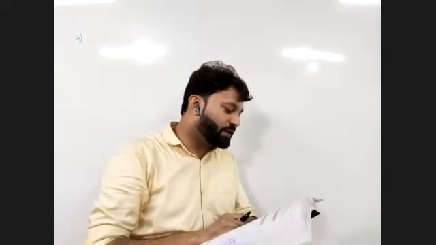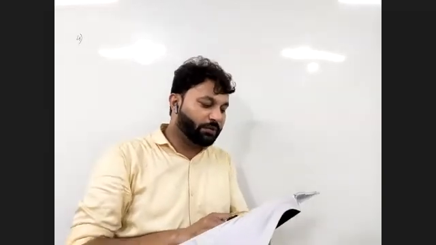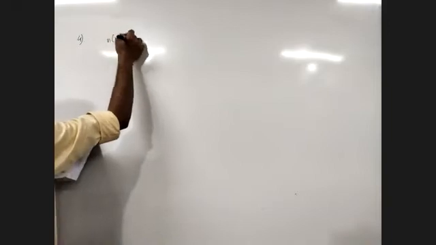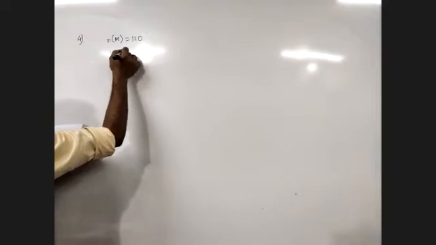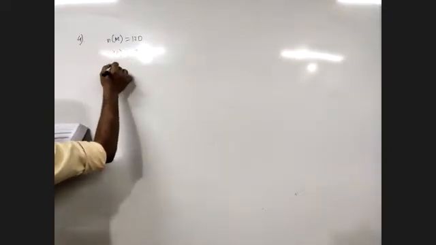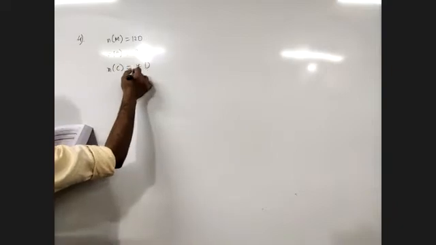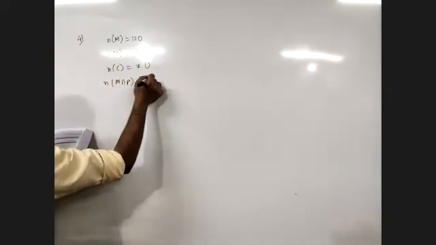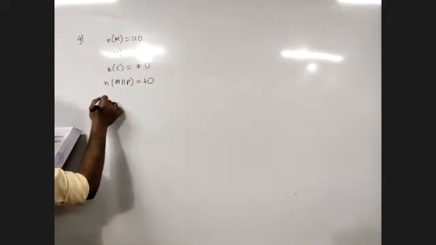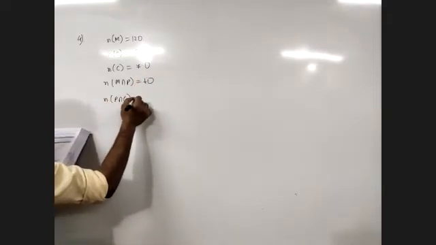Look, question number 4. Fourth question. In a survey of 200 students of a school, it was found that 120 students study maths. 90 students study physics, and 70 students study chemistry. 40 study maths and physics, M intersection P, 40. 30 study physics and chemistry, 30.